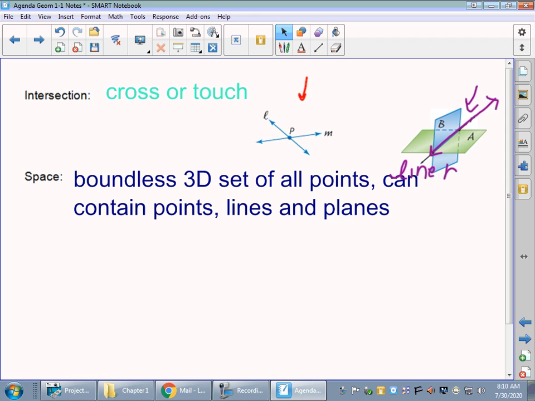But we have points, lines, and planes that can be all over the place. They can intersect. They can be collinear, coplanar. They might not intersect. But that's where our space is that we're working on. All right, and let's try to make a drawing.